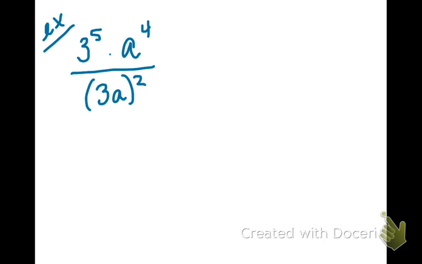Now before we can simplify this, I'm looking at the denominator and I see a product power property where we need to apply the squared to the 3 and to the a. So we could rewrite this to be 3 to the 5th times a to the 4th over, and remember that is going to be 3 squared times a squared.